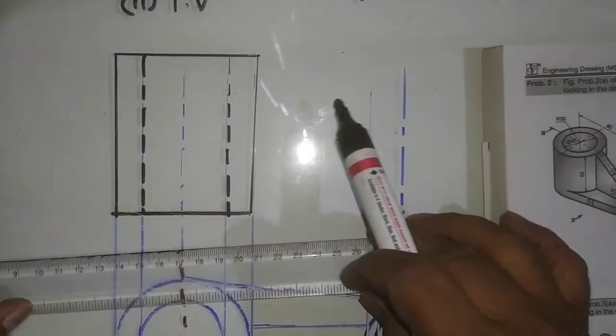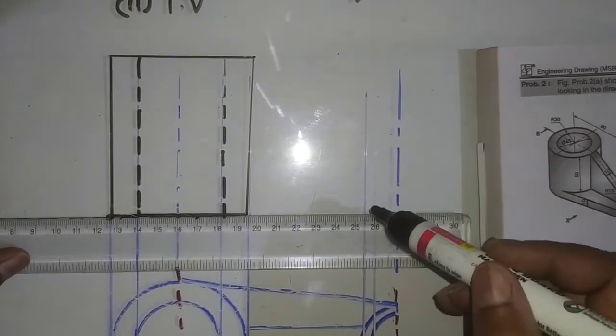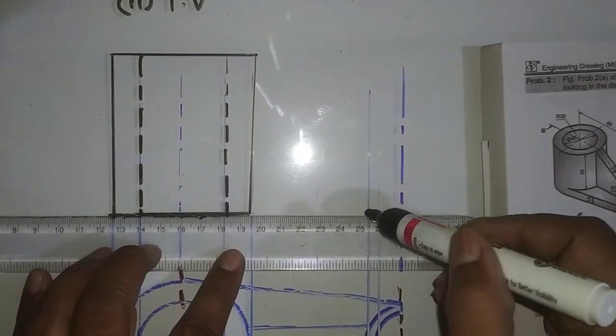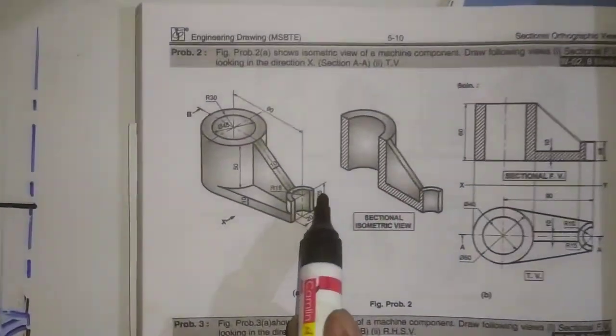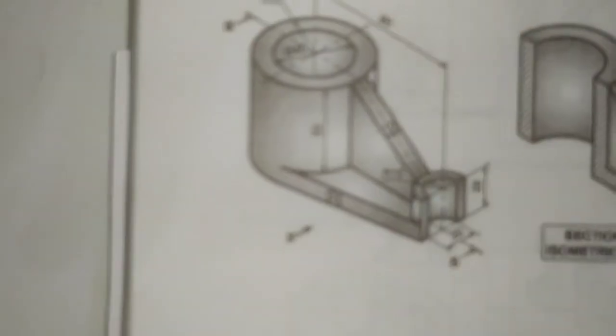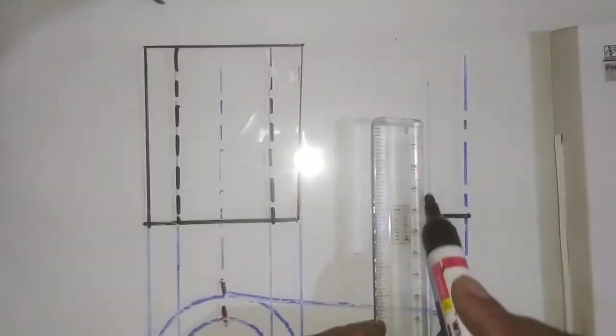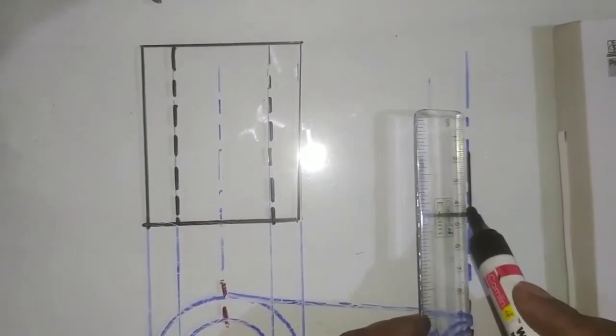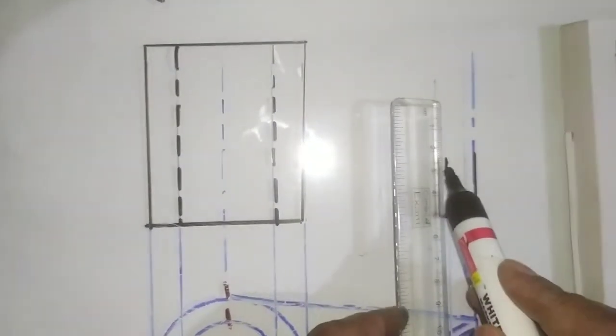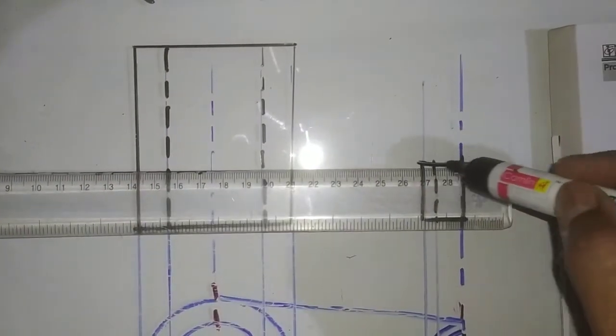Now I will draw, what is the height of this half cylinder? That is 25 mm. This 25 mm we have to take into compass. This will be dotted line because it is not cut now.